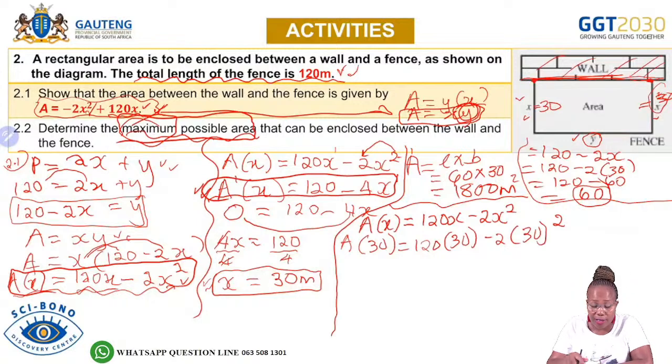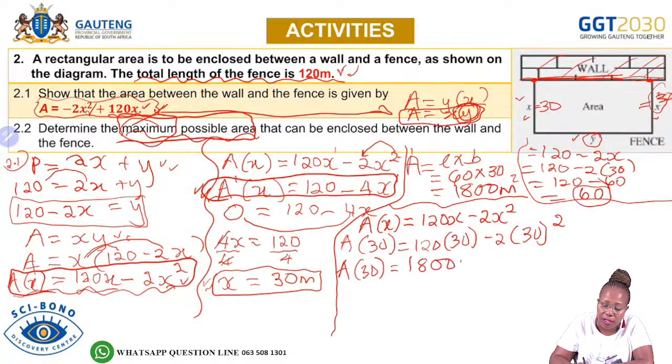No matter what, grade 12, this must give you exactly the same answer as the previous application. So the area at x equal to 30 will be 1,800. You can verify that using your calculator.